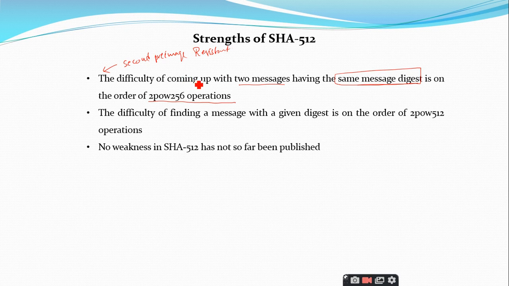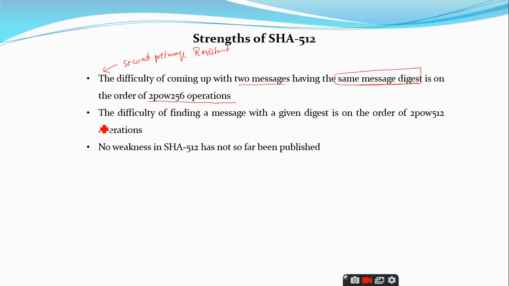So it is very difficult to generate the same message digest for two different messages which are almost similar. For this purpose, to generate the same message digest for two different messages, you need to spend 2 power 256 operations. A very huge task you have to perform.